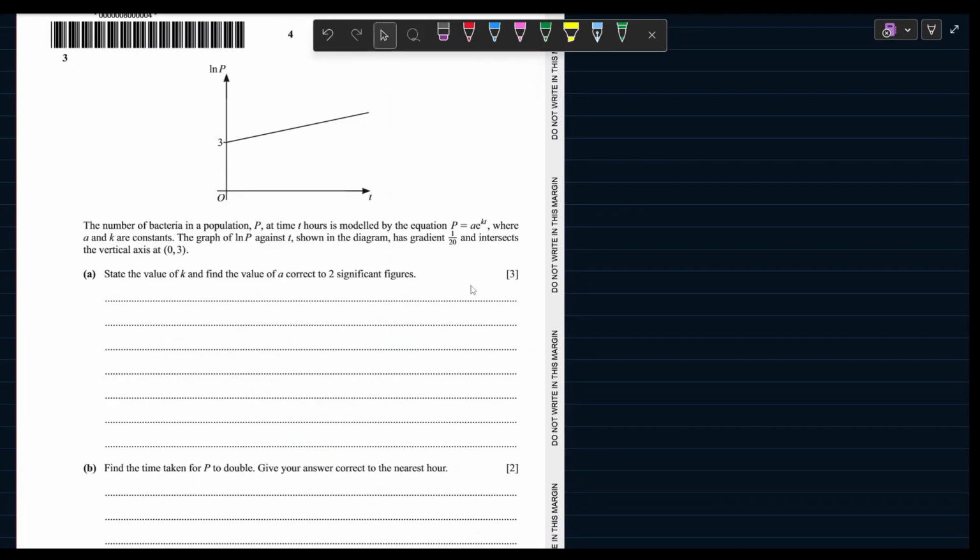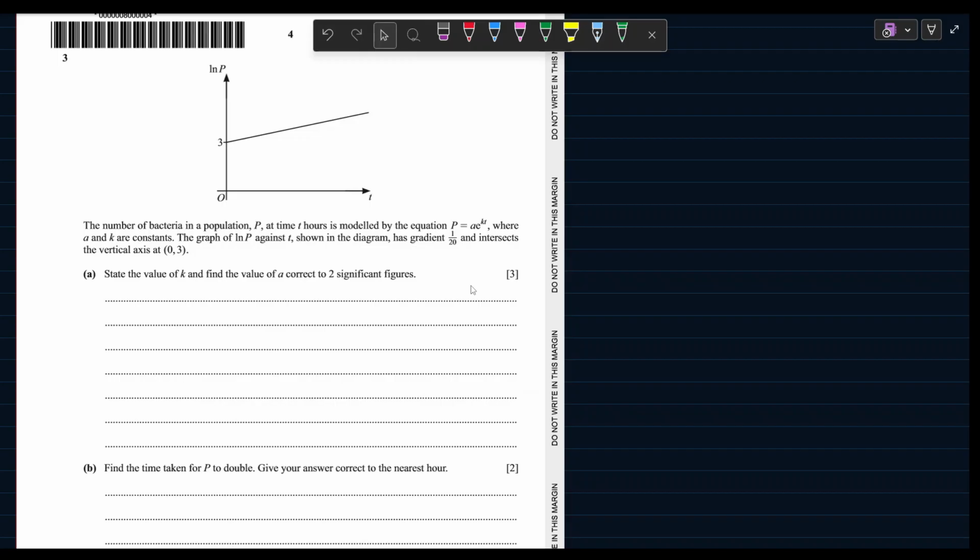Number 3. The number of bacteria in a population P at time t hours is modeled by the equation P is equal to A e to the kt, where A and k are constants. The graph of ln P against t shown in the diagram has gradient 1/20 and intersects the vertical axis at 0, 3.